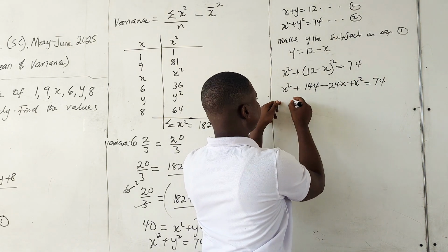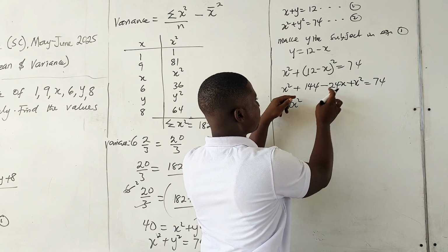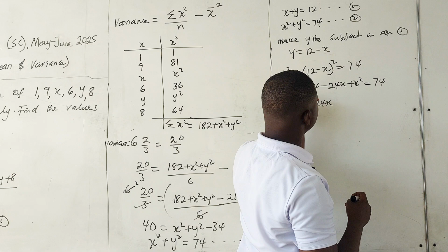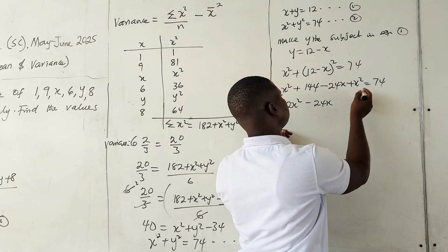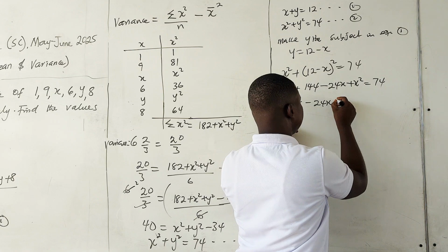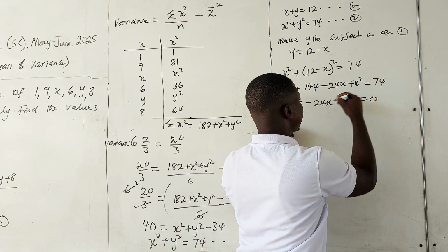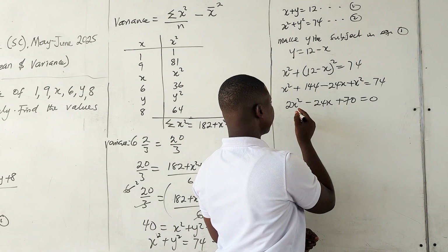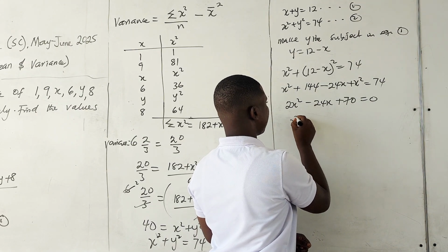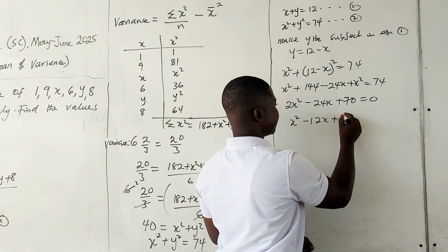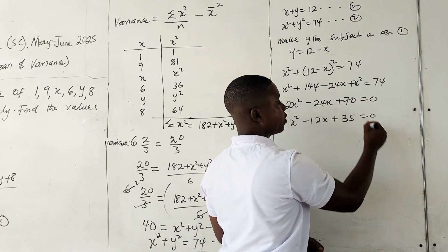So I have 2x squared minus 24x, then 144 minus 74, I'm going to get 70, plus 70 equal to 0. To simplify this, I can divide each of them by 2. So you have x squared minus 12x plus 35 equal to 0.